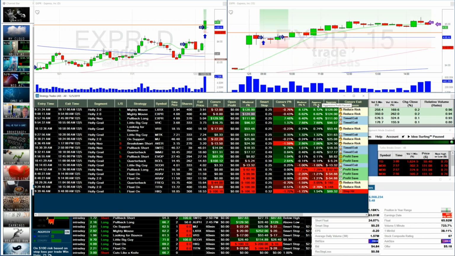Most of the time lately it's been moderate profit, but it can be different for each and every module. On these choppier days, a lot of the time conservative or risk off wins the day, if there are a lot of pullbacks.